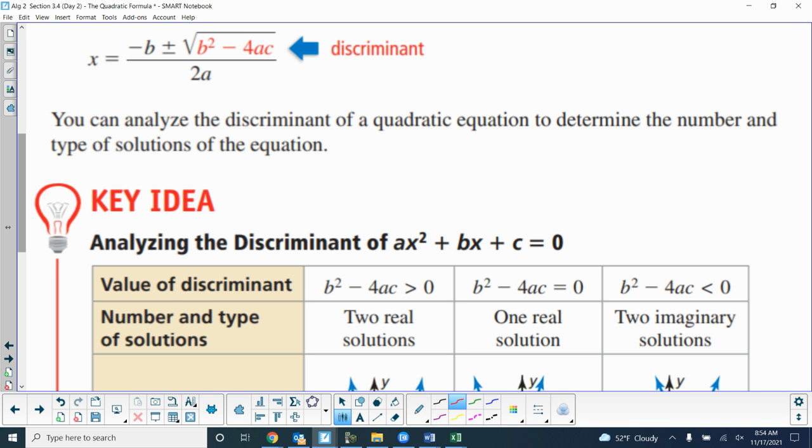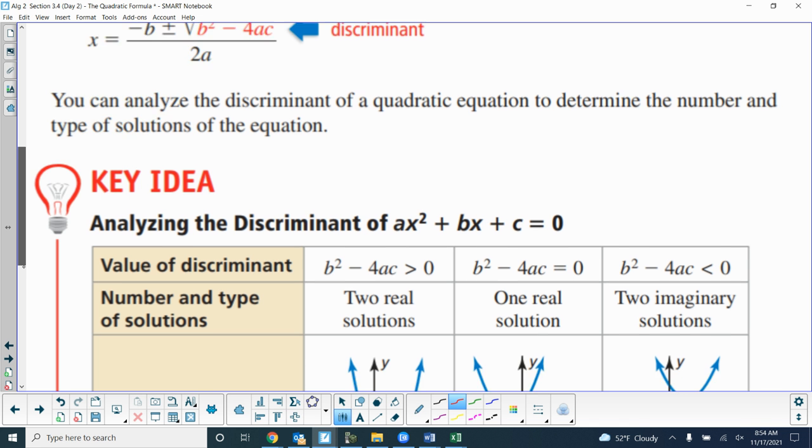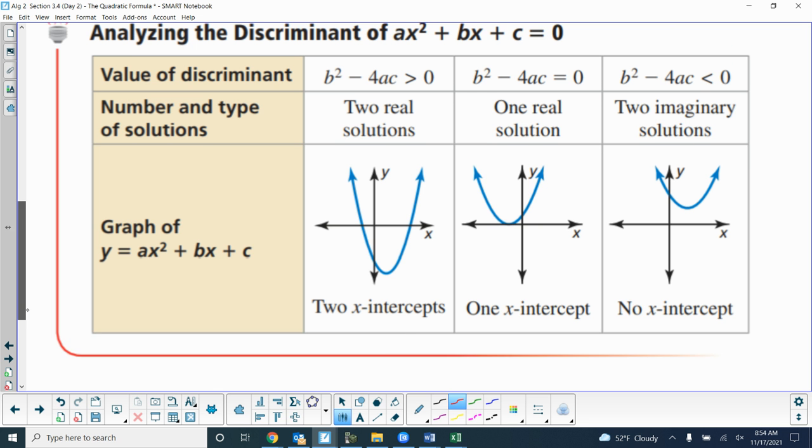So you could say two real solutions after you figure it out, if it's positive. You could say one real solution if it equals 0. And if you get a negative answer, you can say two imaginary solutions. You don't actually have to find the solutions. You just have to tell if it's two real, one real, or two imaginary. Or you could say non-real if you want. Okay? Questions?